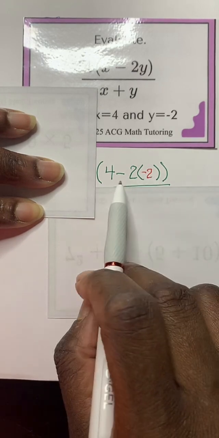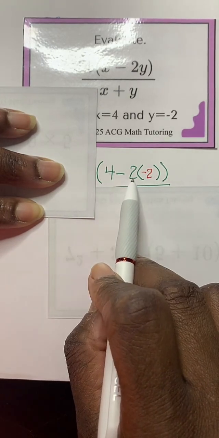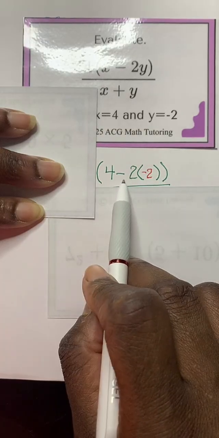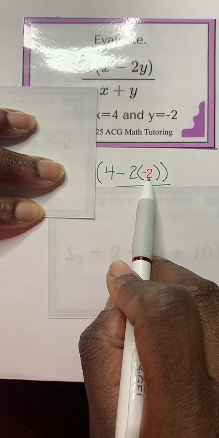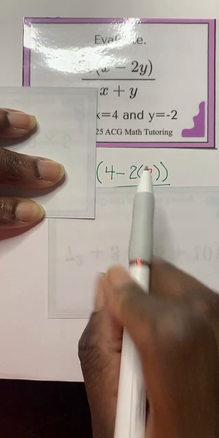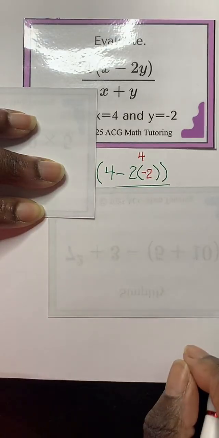No, no, no. This minus sign is not attached to the 4. It's attached to this 2. So we have to multiply these two up. So we have a negative 2 times a negative 2. A negative times a negative gives me a positive, and that will give me a positive 4.